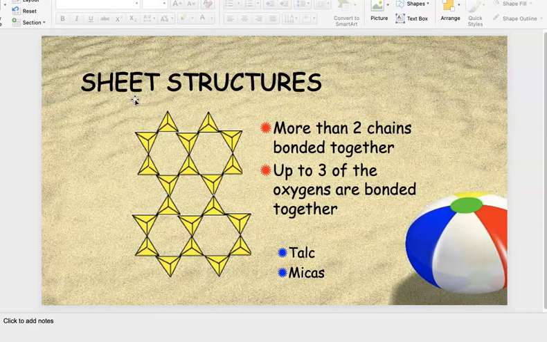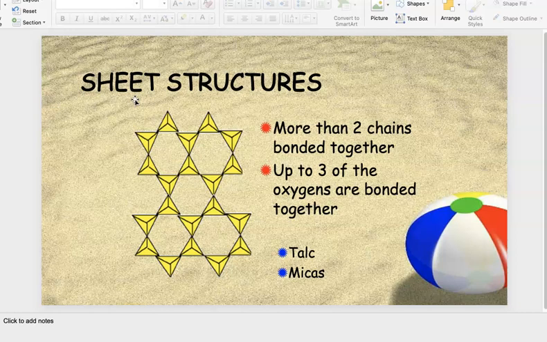Anything come to mind that you saw the other day that might be a sheet silicate? Well, you had 2 for sure, all right? You might not have noticed in one of them, depending on how thick of a specimen you got. But your micas, you saw biotite and you saw muscovite yesterday.